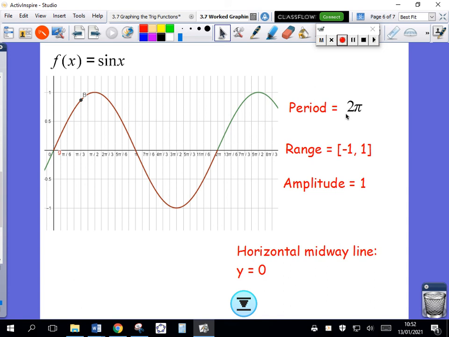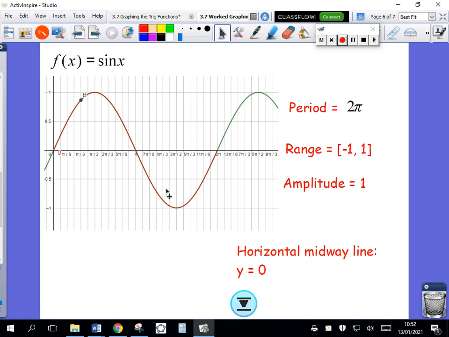Okay, period 2 pi. Every 2 pi units we have this repeating shape. The range -1 to 1, lowest value of -1, highest value of 1. Those are output values. The amplitude is 1 because it's 1 unit above the midway line. All points in the midway line have y-coordinates of 0. So the midway line has equation y equals 0. And that is how you graph the sine function.